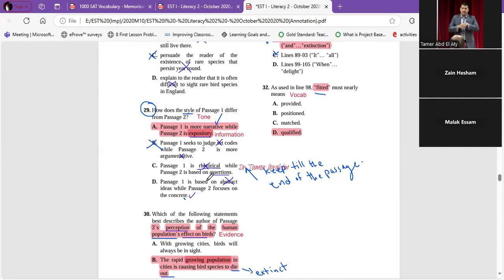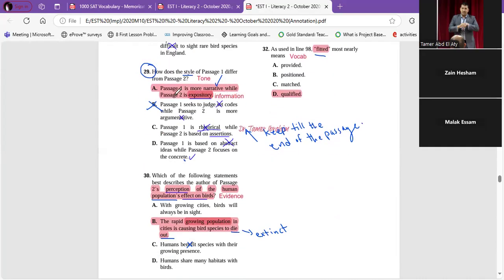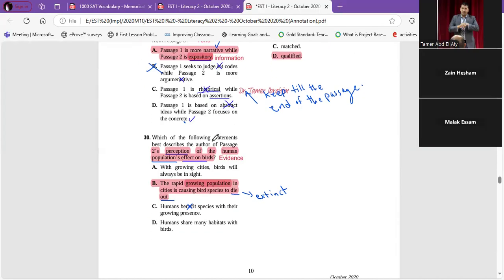It talks about the Himalaya, concrete. So till now, I found it's A. And we read here for passage 2. Let's find. While passage 2 is expository, yes, it's giving us information. It's non-fiction. Yes. So the answer is A.